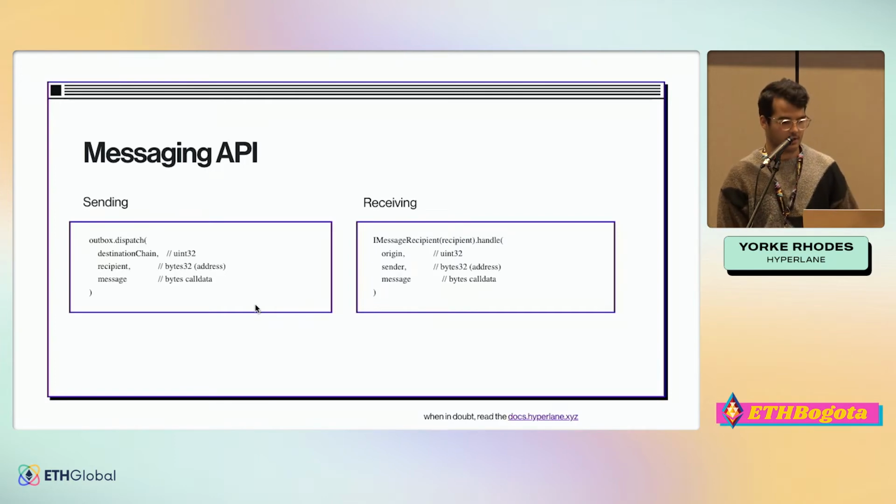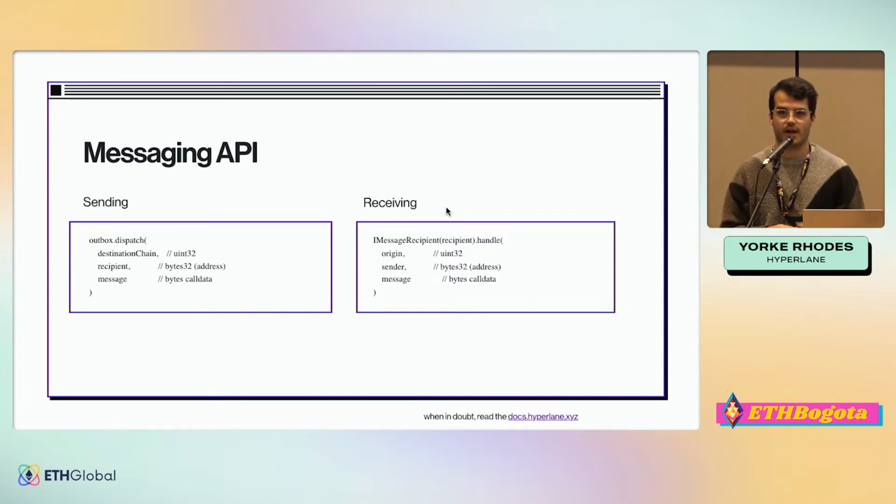And you can see here that the message is just arbitrary bytes. So we're not enforcing any specific application message encoding on you. This is a very low-level primitive, and you can do a lot with it.